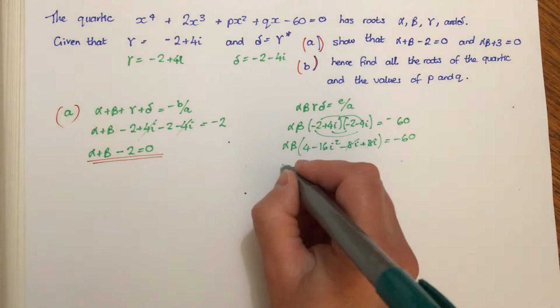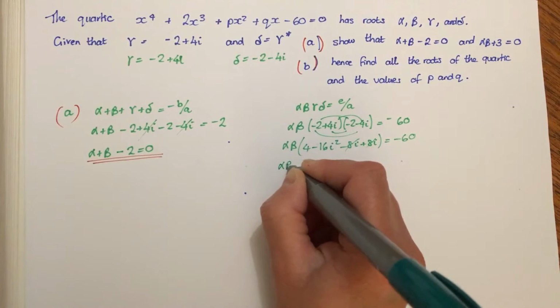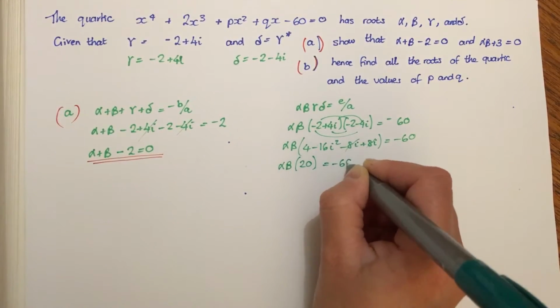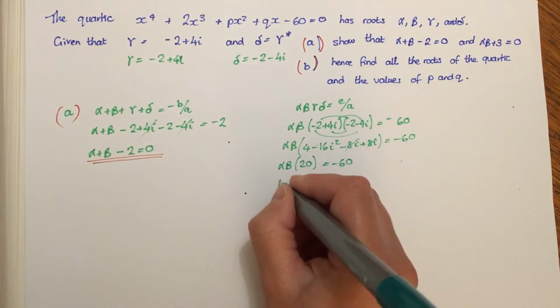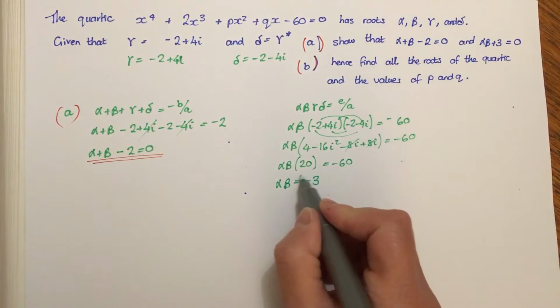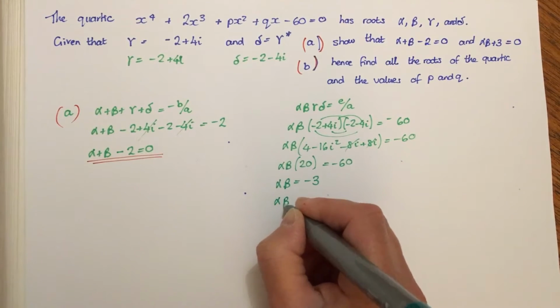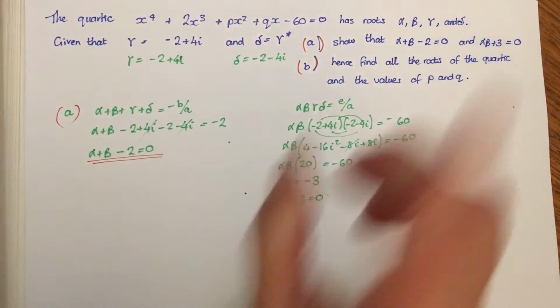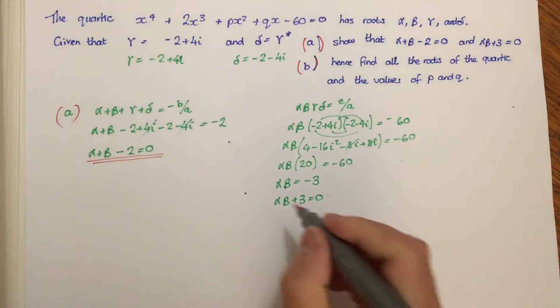So 4 plus 16. So I'm left with alpha beta times 20. If I divide both sides by 20, alpha beta equals negative 3. And then if I bring that over, alpha beta plus 3 equals 0, which is what I wanted up there. So that's quite tidy as well.